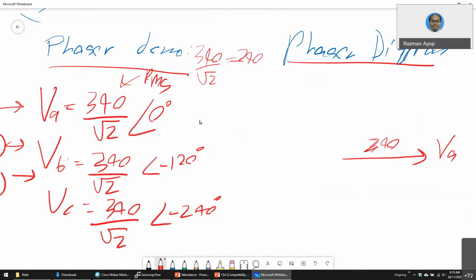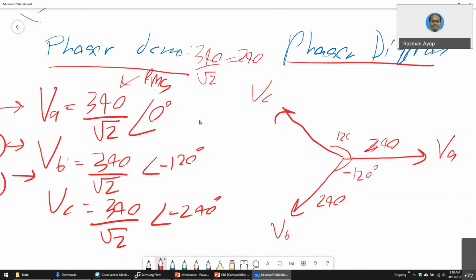Then this one is VA. Next, this one is VB. Don't forget to put negative 120 degrees and 240. Don't forget magnitude and angle. And the last one is VC. This one is 120 degrees or negative 240, it's the same. Also don't forget 240. Make sure you know how to draw the phasor diagram from the angle.